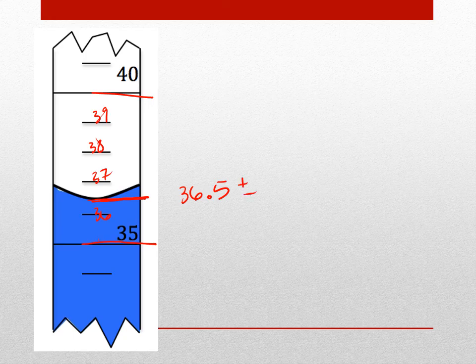Plus or minus, remember that with these analog measuring devices, we figure out our increment. Each increment is 1 milliliter. We're going to divide it in 2, which is half a milliliter. So 36.5 plus or minus 0.5 milliliters is going to be our volume.